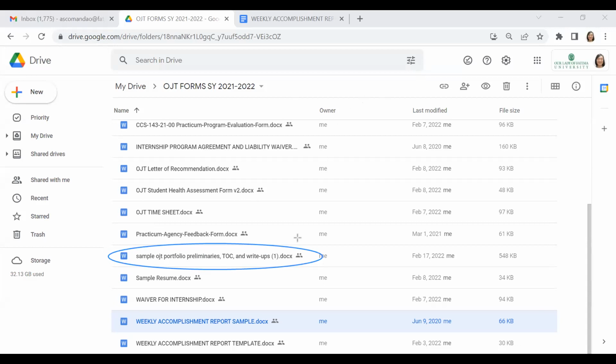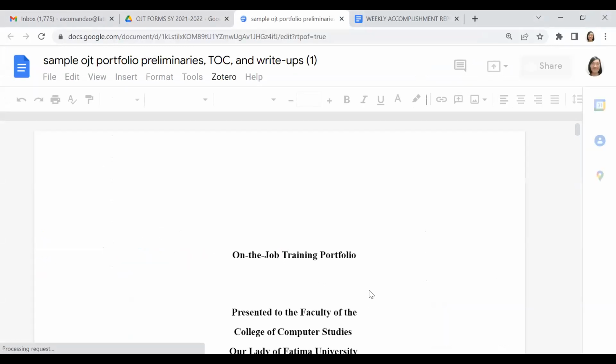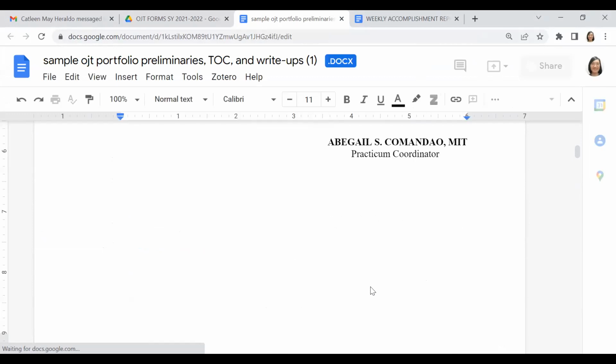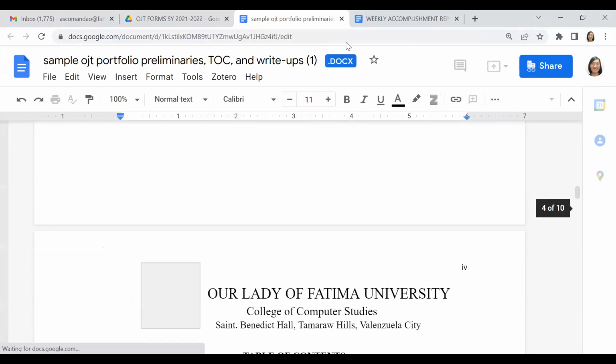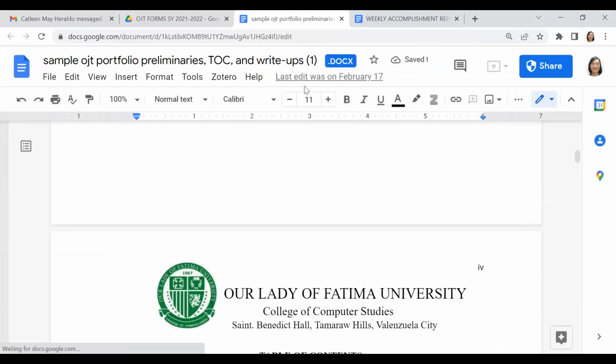So click that. And that will be for you to work on your OJT portfolio as early as now, so that you will be prepared, and all you just have to do is to supply the necessary documents as stated in the table of contents.